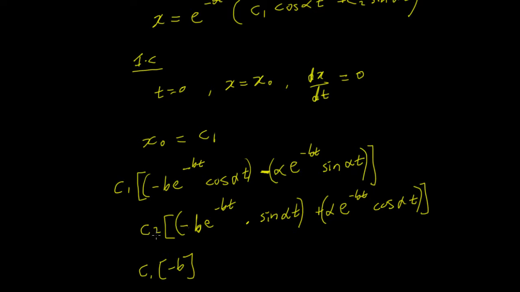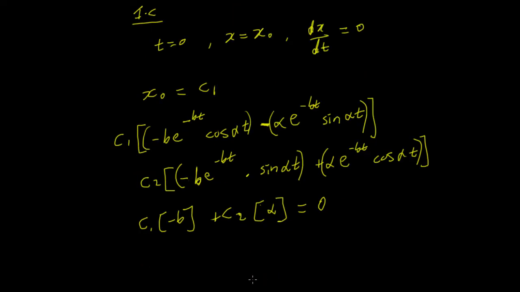And the second term here, when t equals 0, sine alpha t is 0, so that term disappears altogether. And cos alpha t, when t is 0, cos of 0 is 1, and this term will give us 1 as well. So we're just going to have plus c2 times a value of alpha, and now we're saying that dx by dt is equal to 0 at that point.